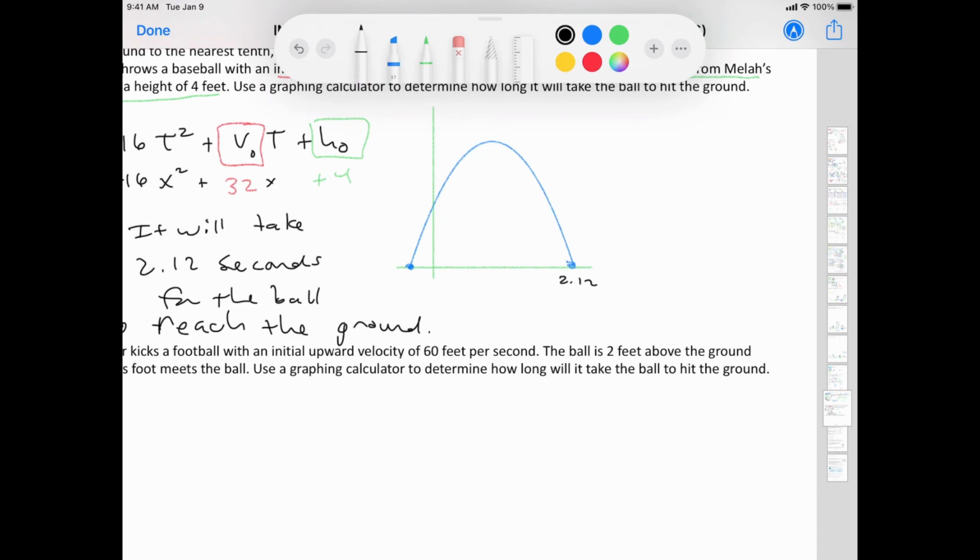This is time measured in seconds, you always label. This is height measured in feet. And the path of the ball goes like this, starting here at 4, and this is going to take 2 seconds.